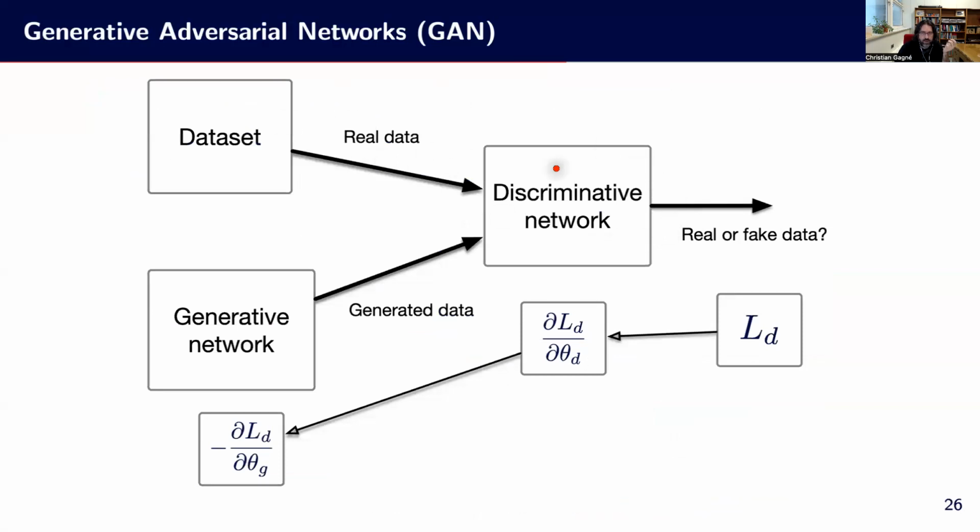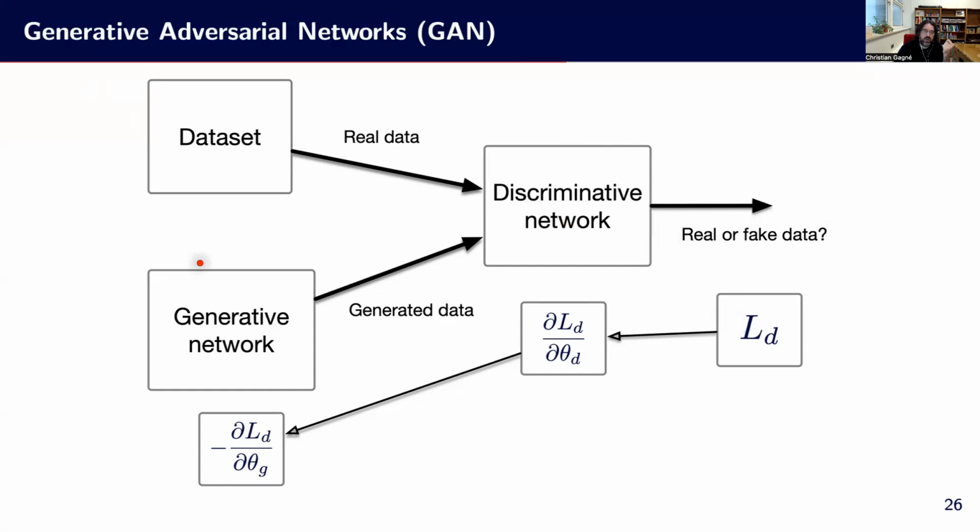And the model is working that way. We have a discriminative network and a generative network. These two networks are in competition, and we have a real data set. We give data from the real data set or the generated data. Then we are in a binary classification setting where we try to figure out which is real and which is fake. We get some loss over that, and that is used to train the discriminative network.